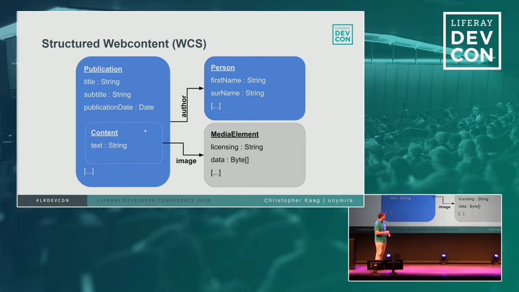It's not limited to any structure name or class type, as the asset framework calls it in the API. So this was the first step where we thought, let's extend this. Let's add a small change to Liferay, the smallest we could think of, to make those references typed.